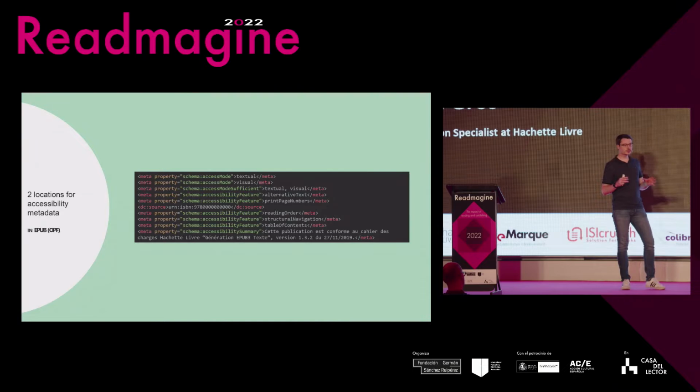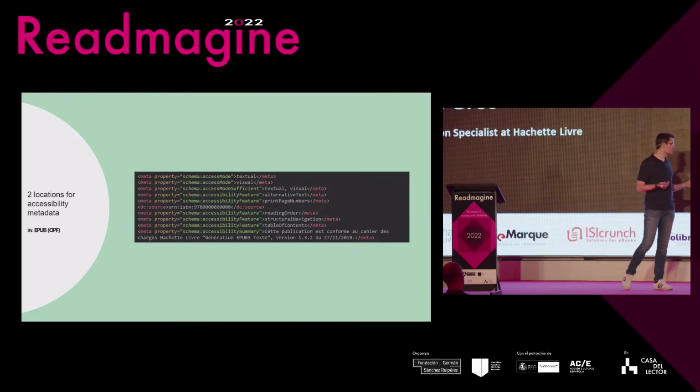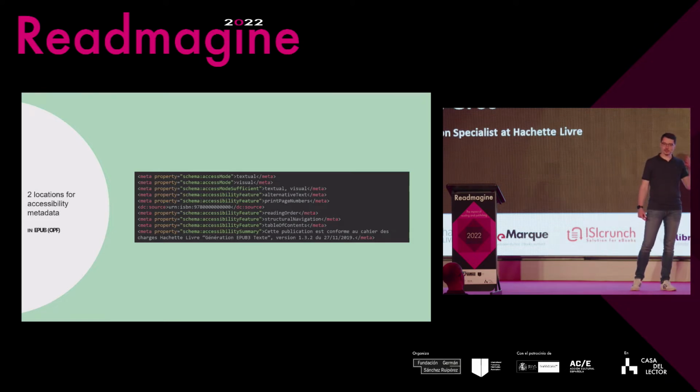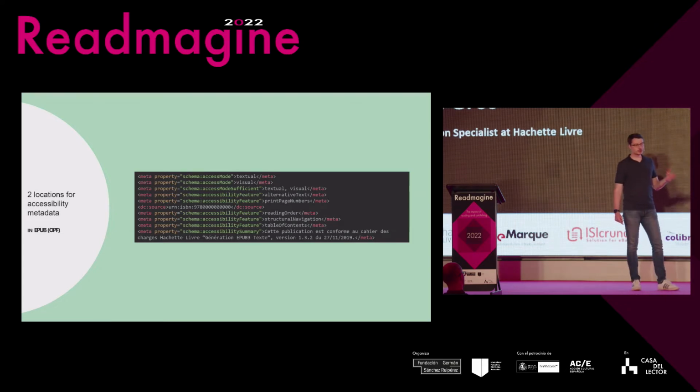So before talking about what we have done at Hachette, just about accessibility metadata, there's two locations when we talk about accessibility metadata. The first one is within EPUB using the schema.org. You heard about that in the previous presentations.